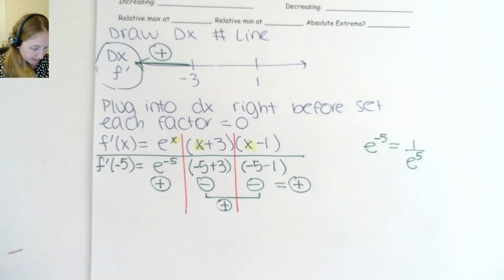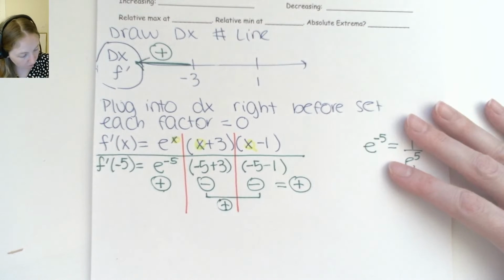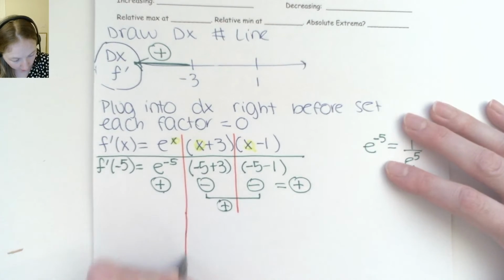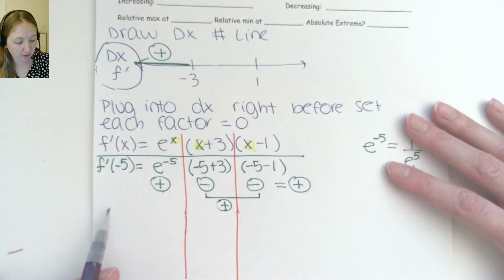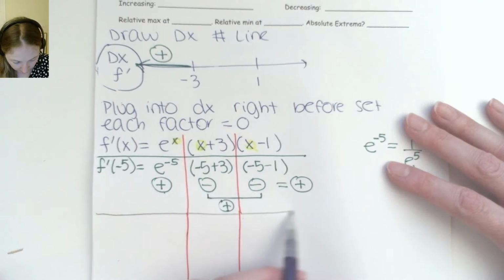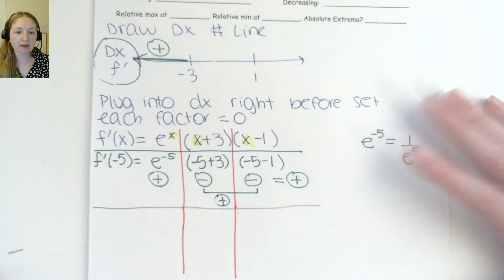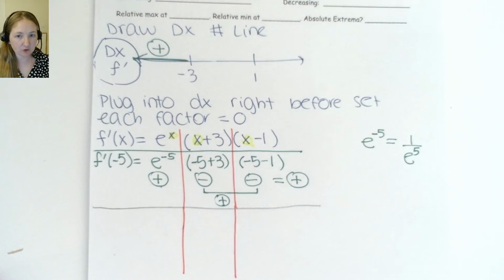So then I go to my second interval, and again, all of this work should be shown on your test. It should not be that on your test you magically get the number line and you didn't have to lift a pencil. It should be, okay, here's my plugging in, showing the work that you did there.